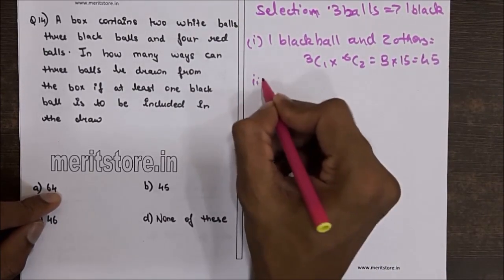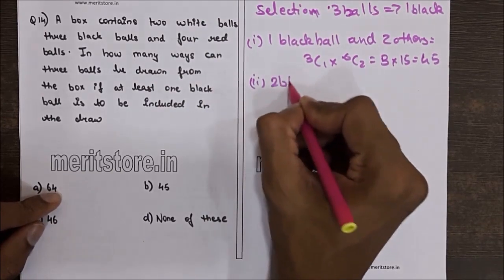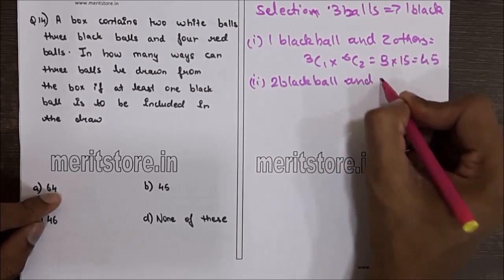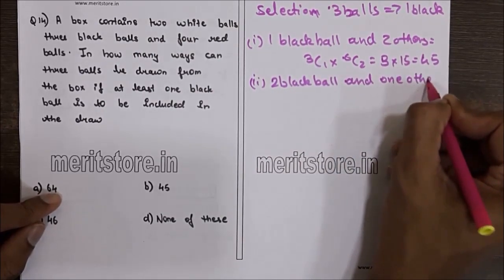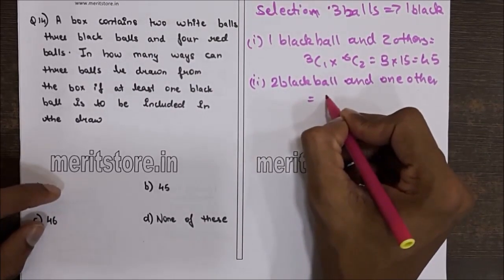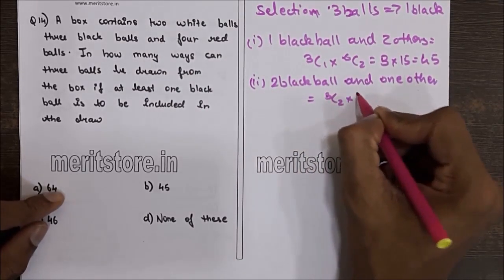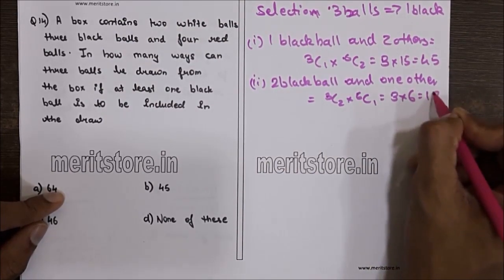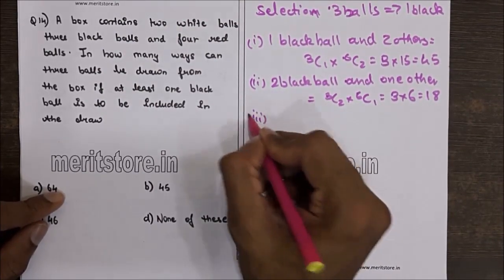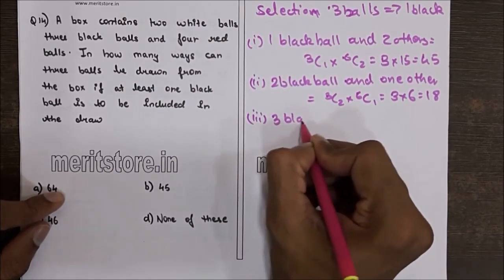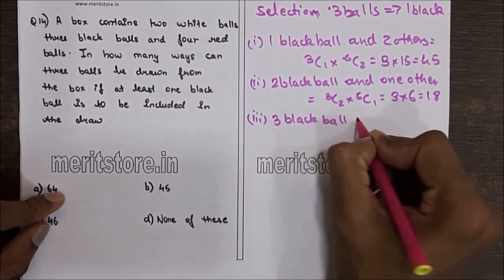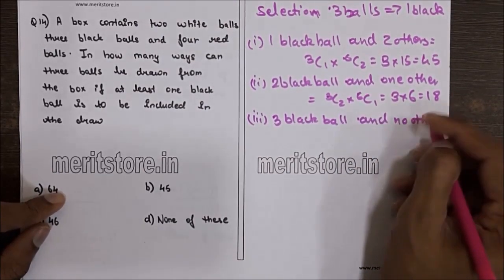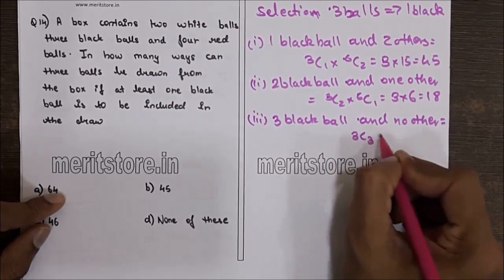For the second way, 2 black balls and 1 other, which is equal to 3C2 into 6C1, which is 3 into 6, equal to 18. Third way, it's 3 black balls and no other, which is equal to 3C3, which is equal to 1.